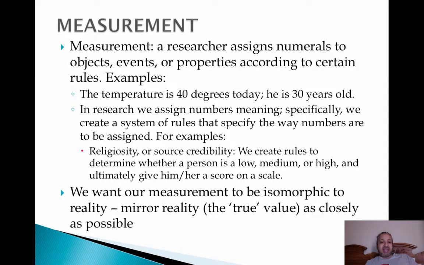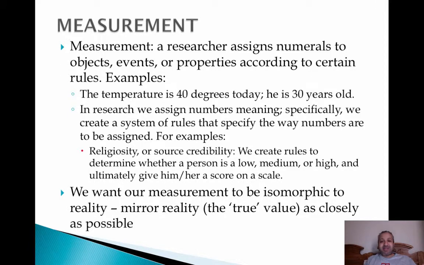And so I gave the example last time about religiosity, source credibility. That's another example. We measure all kinds of concepts. Media bias. It's another concept that we measure very frequently in our field. We talked about television dependence. These are things we can actually set up and measure, right?